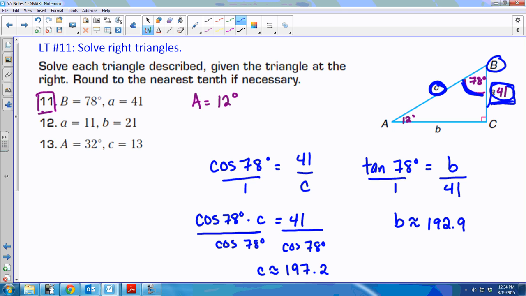Questions about that? I'm not going to do the other problems unless you want me to. But on the next one, you're given two sides. If you're given two sides, what's the only way to find the third side? Pythagorean theorem. I'm not saying don't ever use the Pythagorean theorem. I'm saying don't use it if you've already rounded, if you could use trigonometry instead. Okay? Any questions?